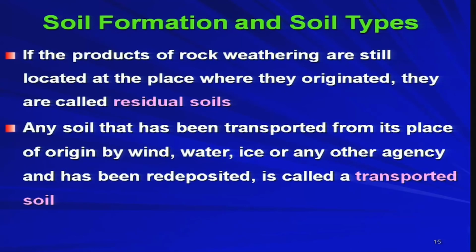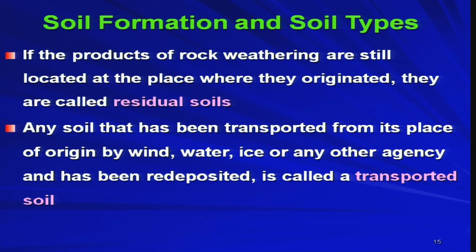Then coming to another type of soil, that is transported soil. Now, what is transported soil? Any soil that has been transported from its place of origin, that means where it has formed, by wind, water, ice or any other agency and has been redeposited somewhere else, is called transported soil.